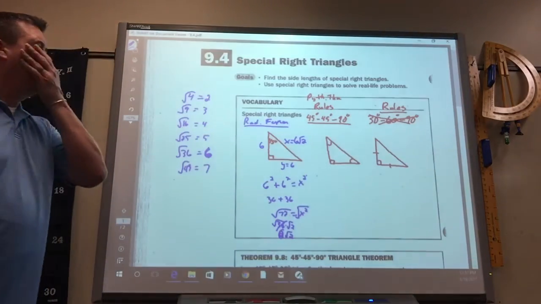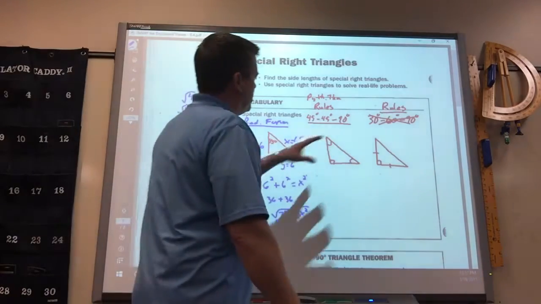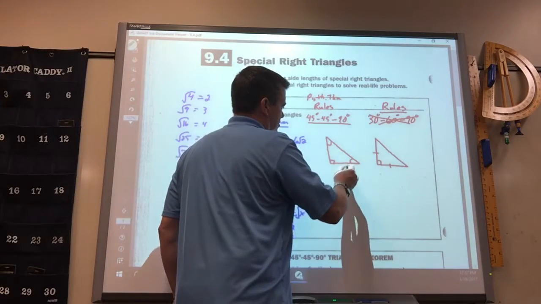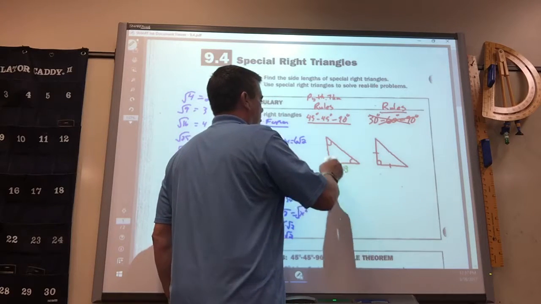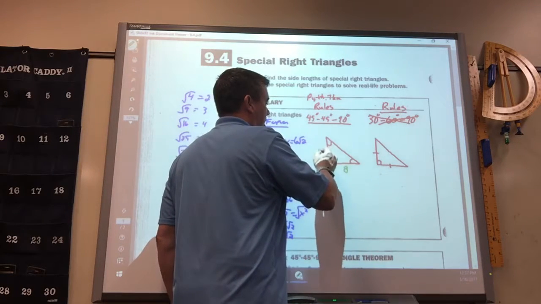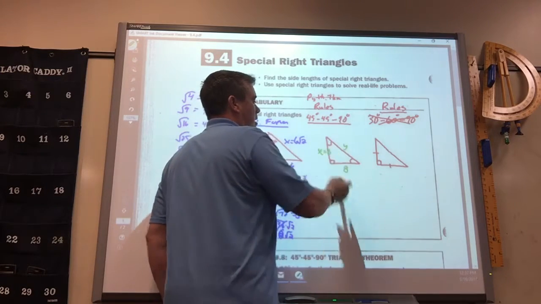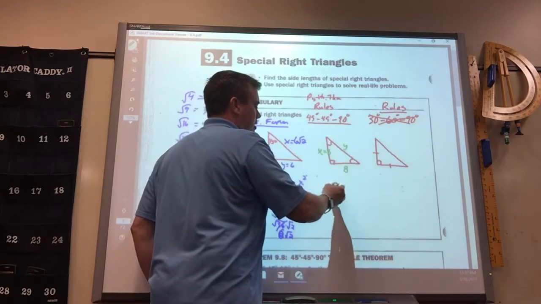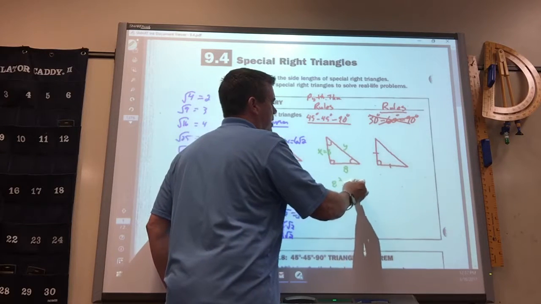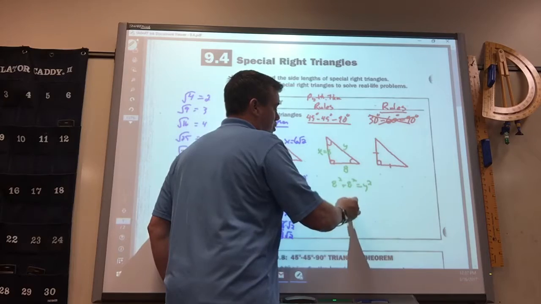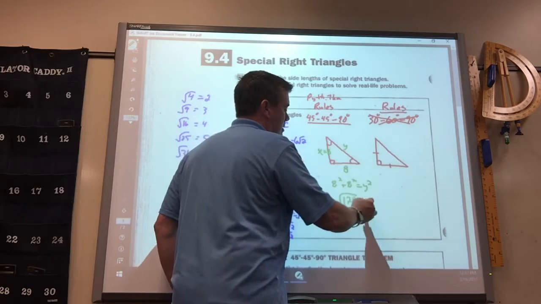Okay? If it was a drawing like this, say the leg was 8. Then if they're finding x and y, obviously x is 8. And again, you can do the same thing. 8 squared plus 8 squared equals y squared. 64 and 64 is 128.